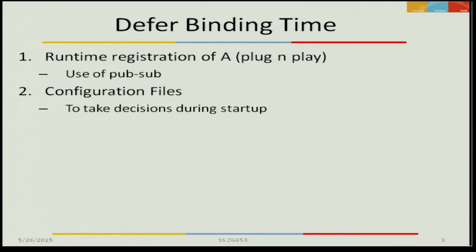So this is definitely deferring different types of binding, and this binding is not happening at coding time or design time or compile time or even linking time. It's happening really at runtime.